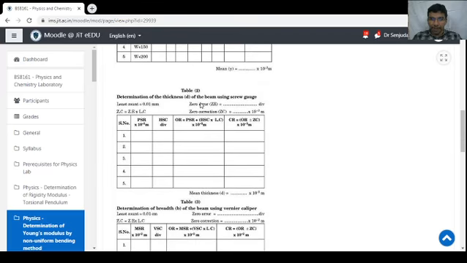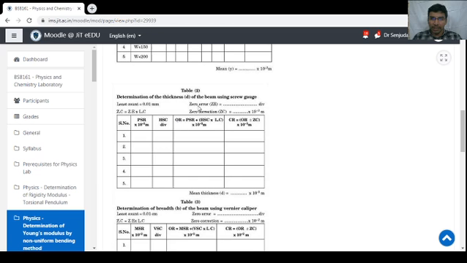Thickness, determination of thickness. Here we are fixing the thickness in the virtual lab. But usually we use a screw gauge for measuring the thickness. Already we have uploaded the video for measurement of thickness using a screw gauge and measurement of breadth using a vernier caliper.